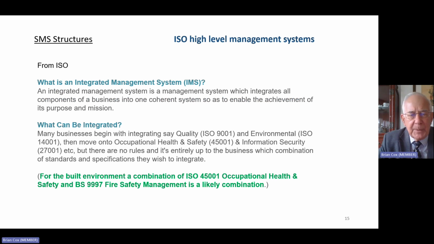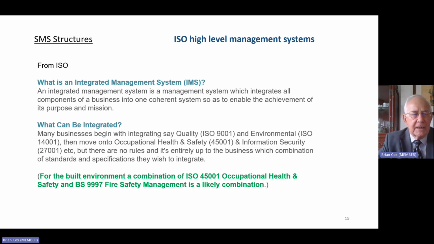So if you're a big organization, it may well be that you already have another management system of some sort. So probably in the building management area, it probably could be ISO 45001, which is occupational health and safety. You might also have BS 9997, which is a fire safety management system. And you might have another one like quality control, which is ISO 9001.